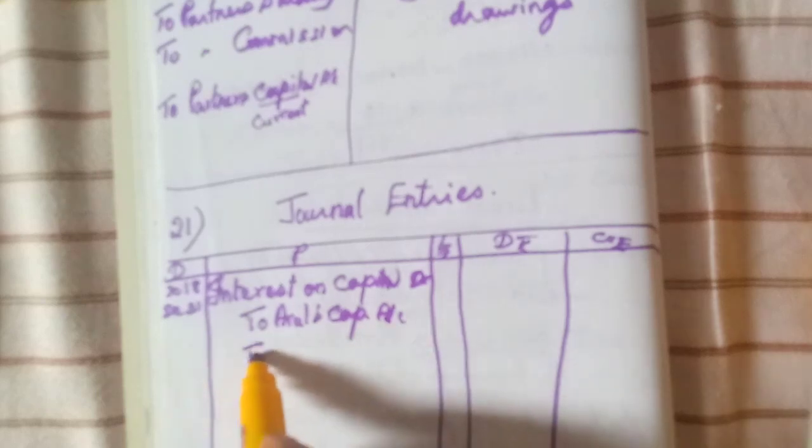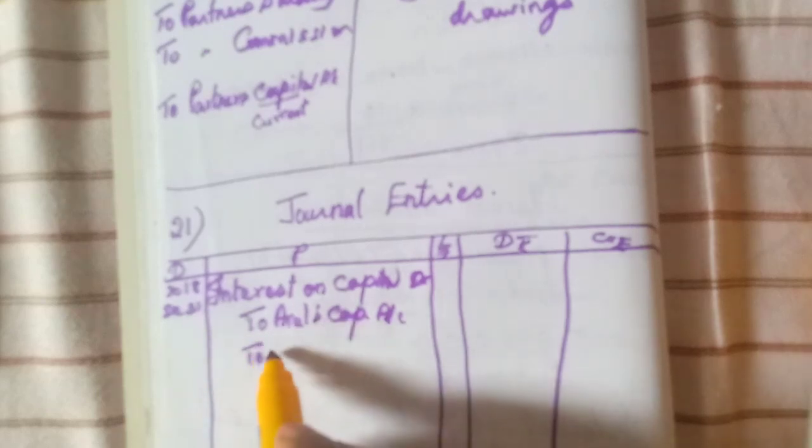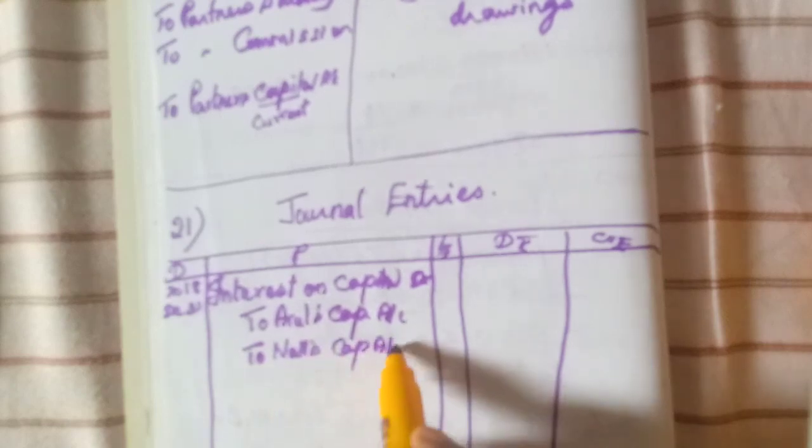Two partners. First one, Arulappan's capital account. I write shortly. Then Nallasamy's capital account. What we should write? Interest on capital provided. Now we should calculate the interest on capital. How much is the percentage? 5, isn't it? Then 20,000, 10,000.